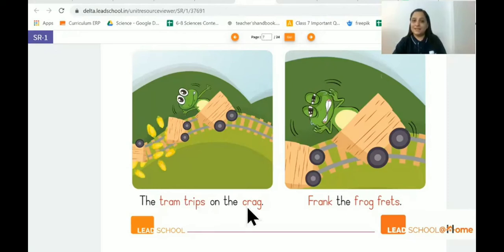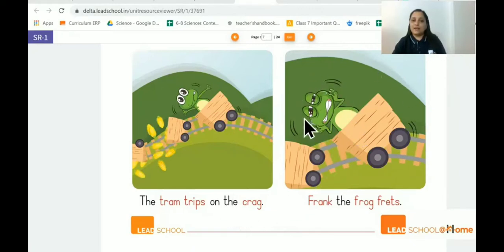And this is crag. Now let's read the sentence together. The tram trips on the crag. The tram trips on the crag. Now you say it once. Good.